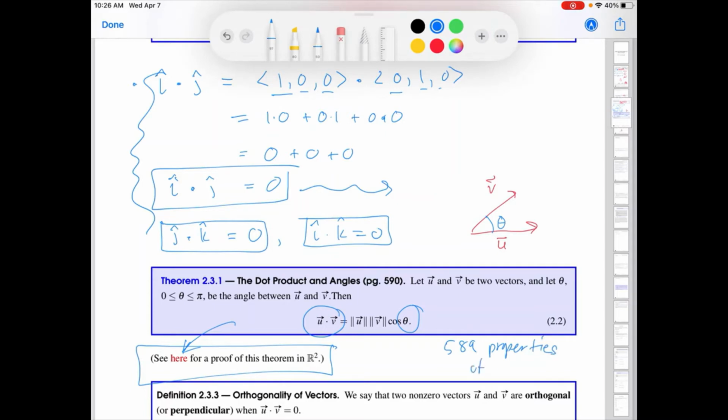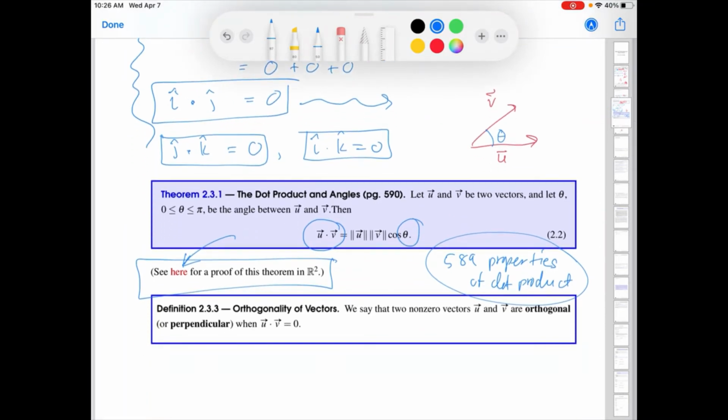I encourage you to check out that part of the textbook to see what those properties are. Many of them are familiar, like the dot product of u with a sum of two vectors is the sum of the dot products, things like that.